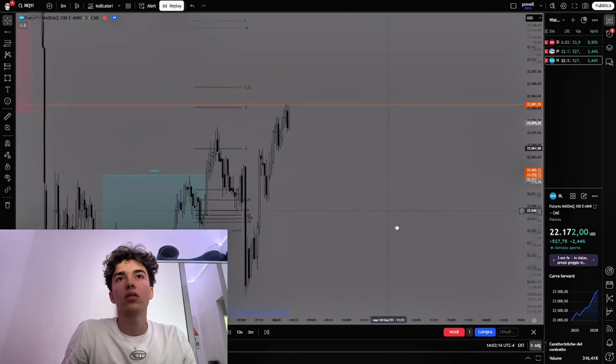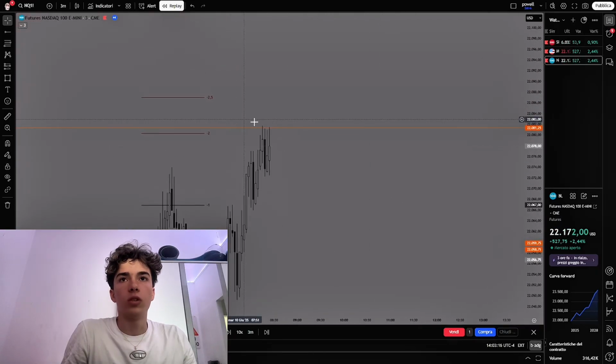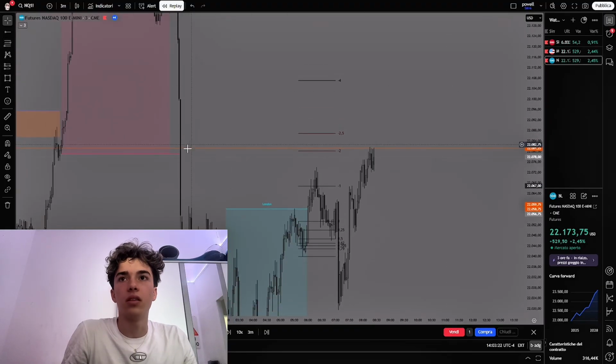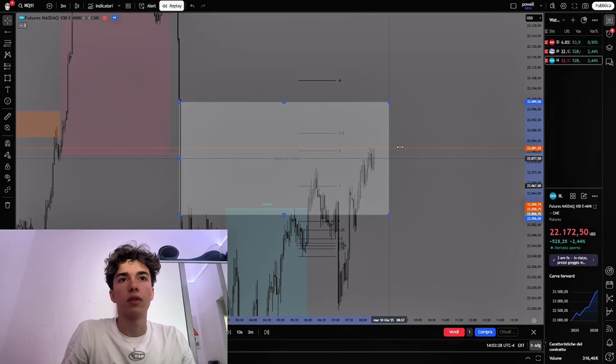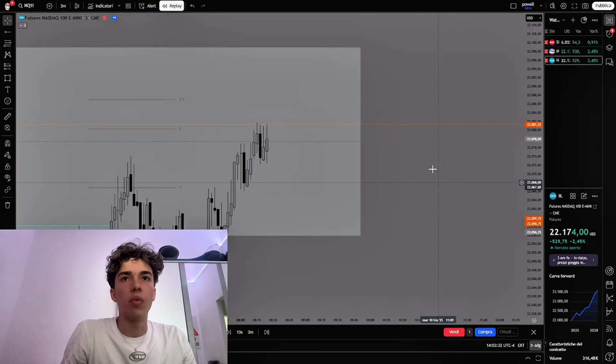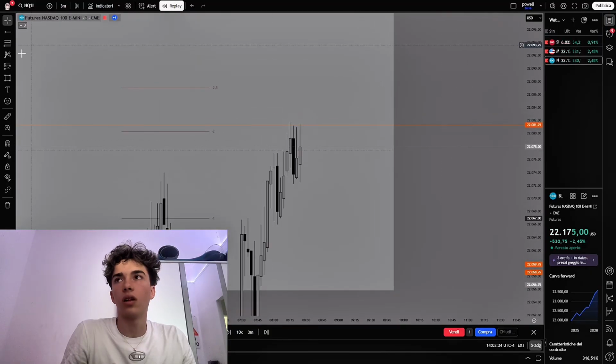Maybe we see a good reaction here. Let's say hypothetically we had other concepts and confluence aligned at this level, like this fair value gap. This is not really a good level, you need the bias and everything, but let's see.